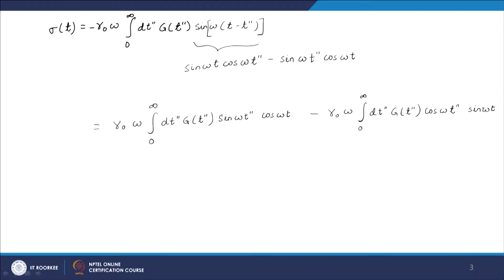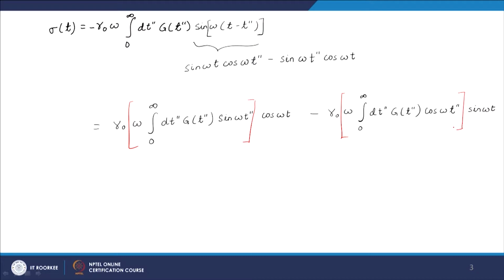Now, what you can notice is that this entire integral is a constant because we are integrating over t double prime going from 0 to infinity. Similarly, this is also independent of time because we also integrate from 0 to infinity. Both of them are actually functions of omega.